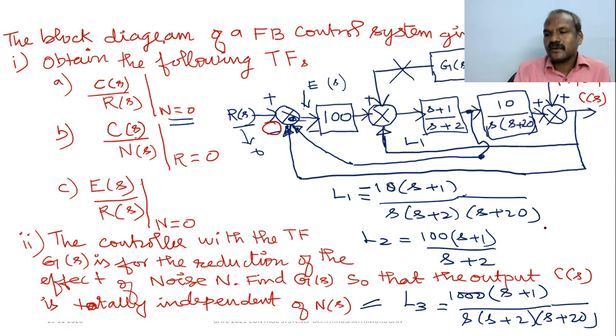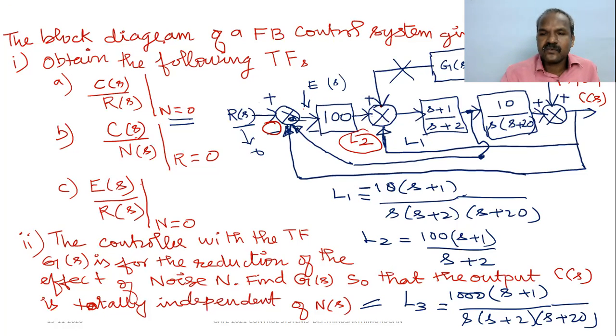Which loop is not touching the first forward path? L2 is not touching the first forward path. Similarly, this loop is that.